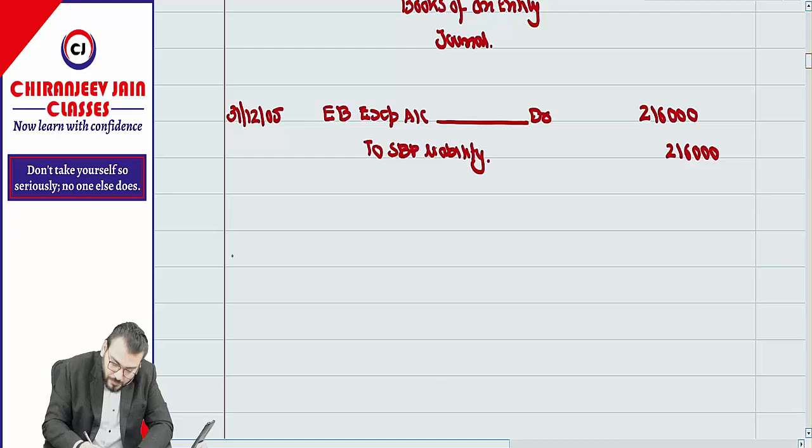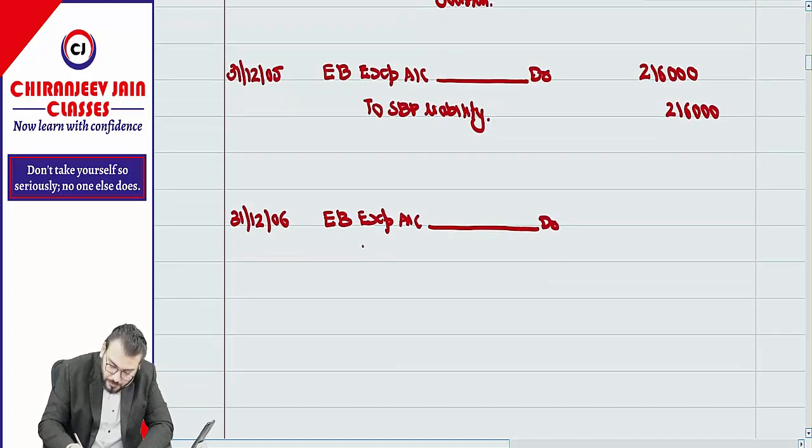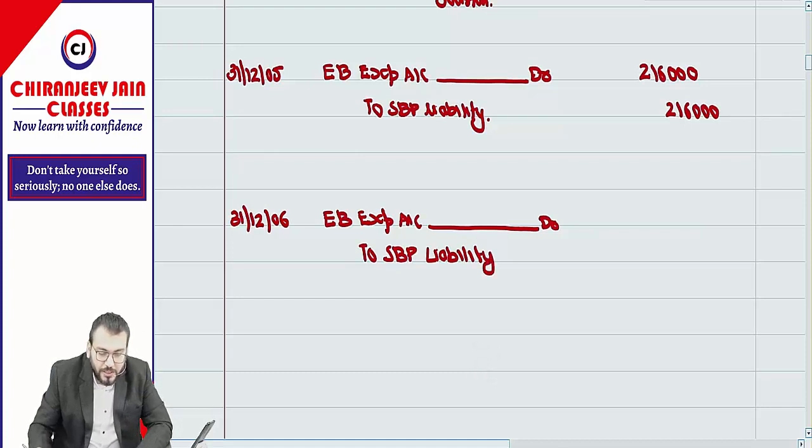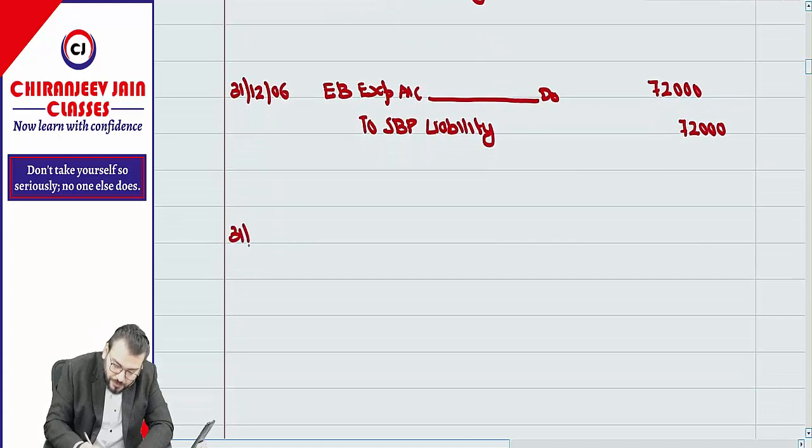Then 31st December 2006, EB expense account debit to SBP liability. The expense will be 72,000. Correct.